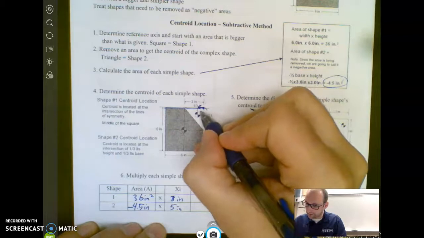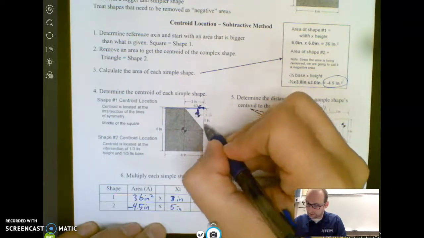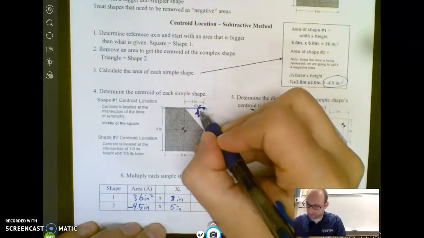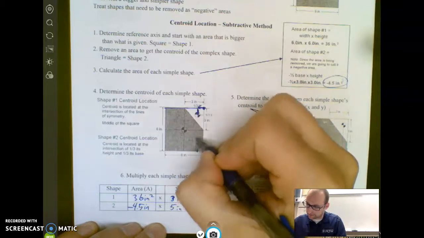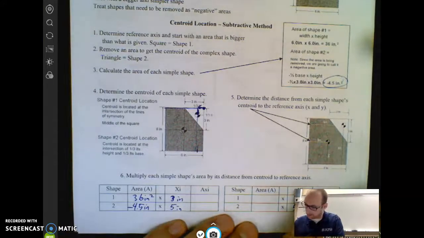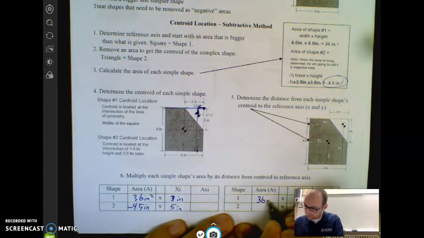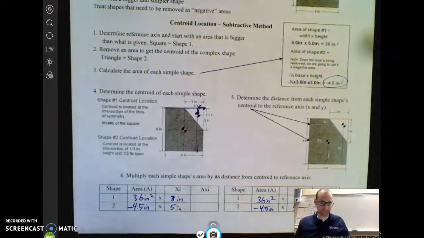Similarly, this is 1/3 of the way down because my right angle's up here. So I want to say my normal height would have been 6, but it's 1 inch less. So it's going to be 5 on the y's too. Okay, and here, what's the height of this? 3. Okay, my areas are still the same. 36 inches squared, negative 4.5 inches. So that's the hardest part, is to remember that negative thing.